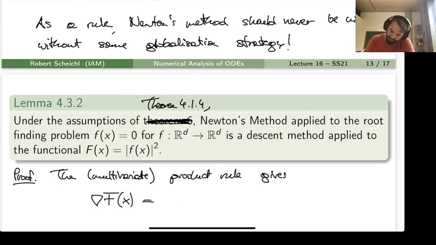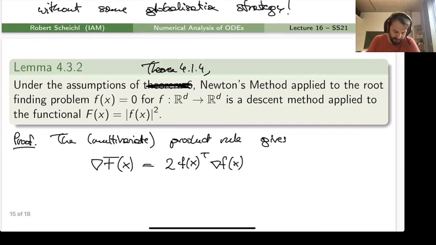Okay, so 2 times, the outer derivative is essentially just, because this is nothing else than f1 of x squared plus f2 of x squared plus f3 of x squared, etc. So each component is essentially just f1, f2, f3, f4. So this would be f of x transposed times the derivative of the vector valued function, which is the Jacobian nabla f of x.